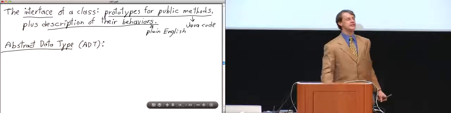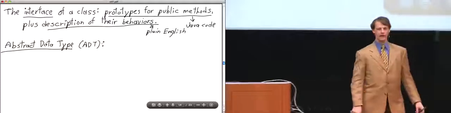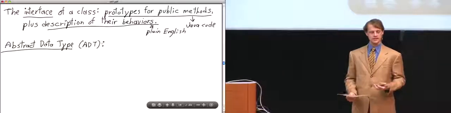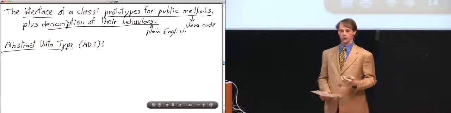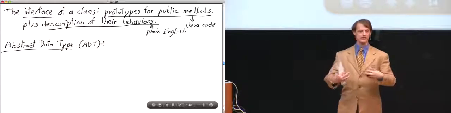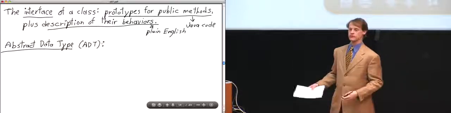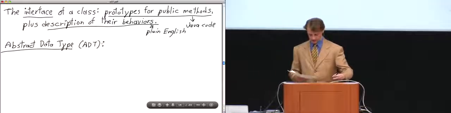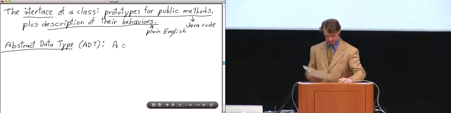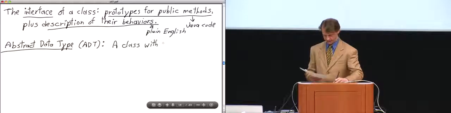So this leads to the idea of we want to create data structures. When it's possible, we want to package those data structures in a nice way so that we can call them an abstract data type. And so an abstract data type is a class that has a well-defined interface.